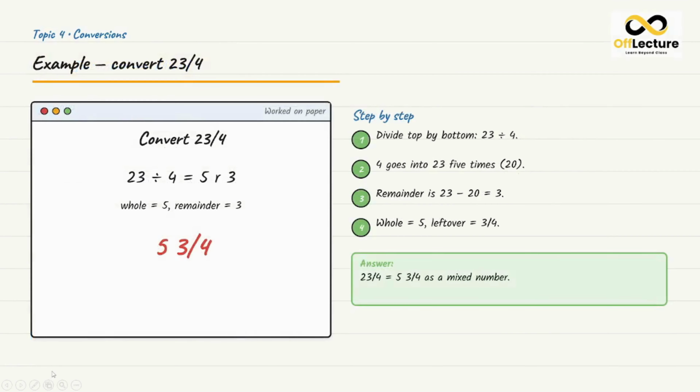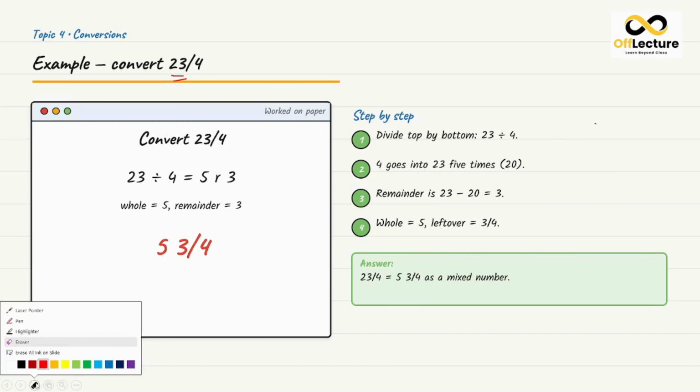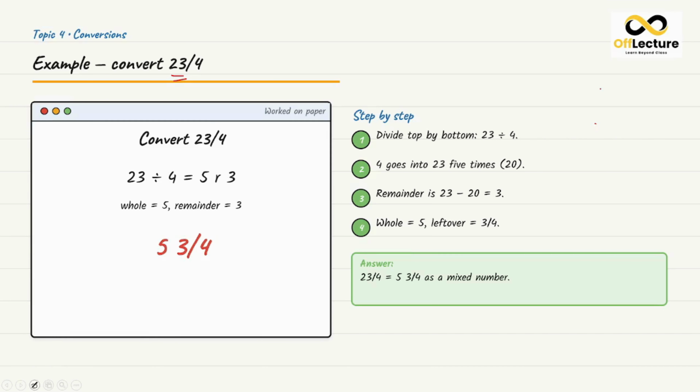Now let's see one example. We have to convert 23 by 4 into a mixed fraction. We will do it step by step. We will divide 23 by 4. So 4 times 5 is 20, so we will get a remainder of 3.